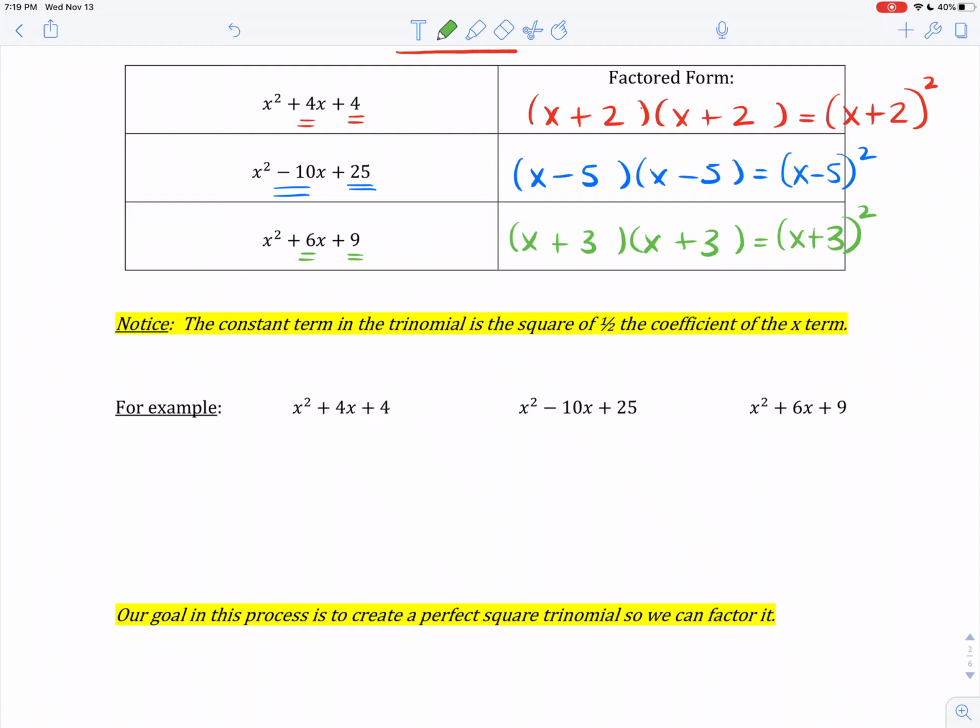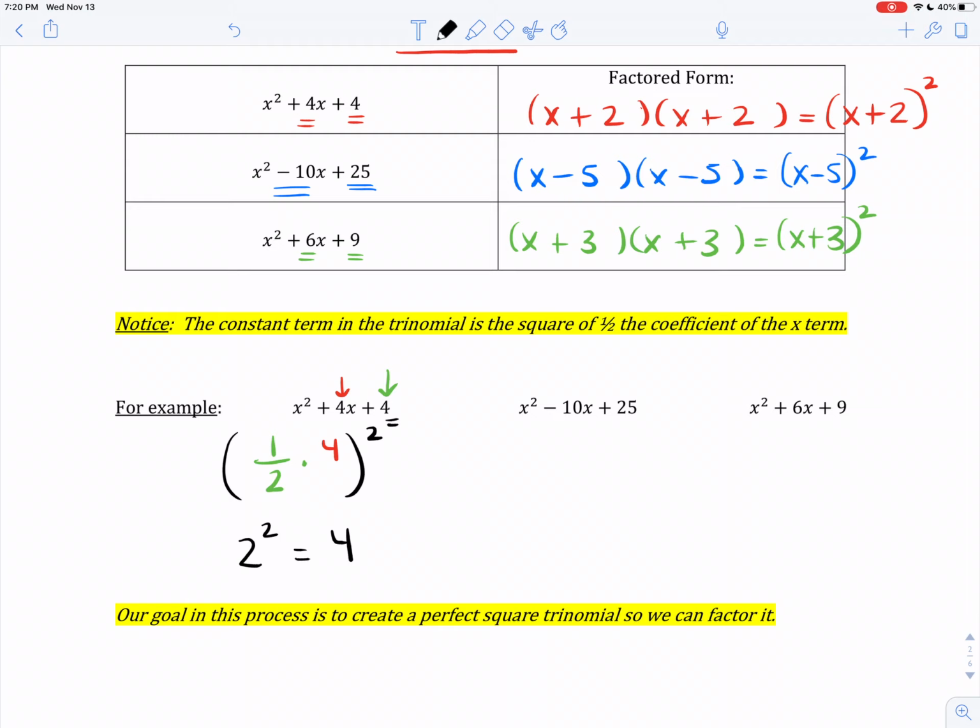What you're going to find is that the constant term, this term right here on the end, is always going to equal 1/2 of the middle term, squared. If I took 1/2 of the middle term, that would be 2 squared. 2 squared is 4, and notice that's my last term.